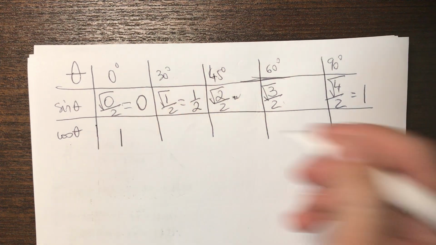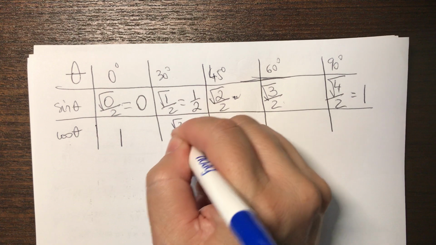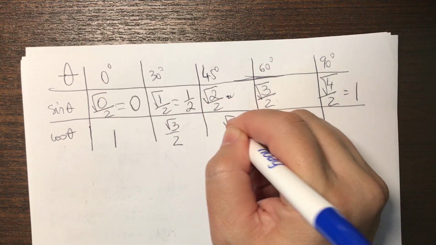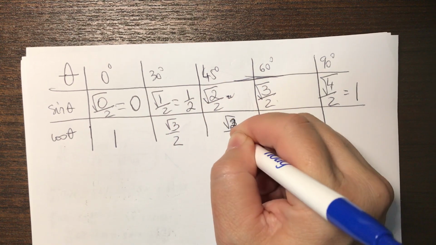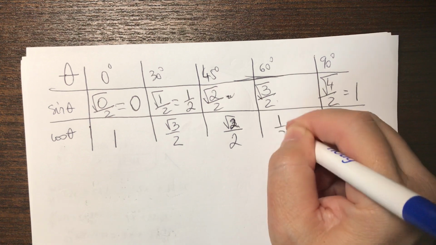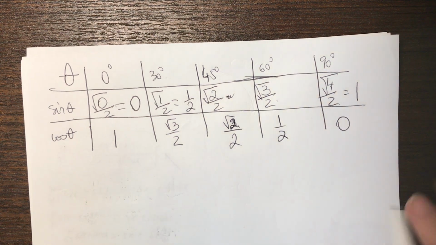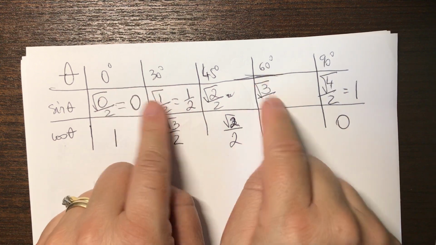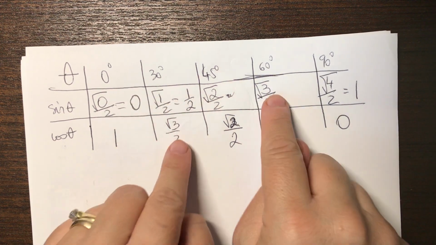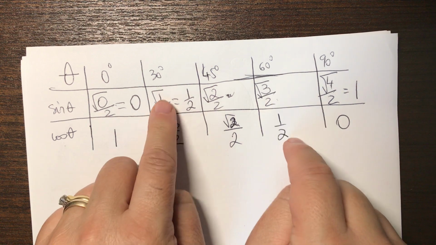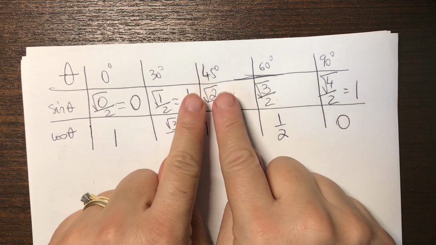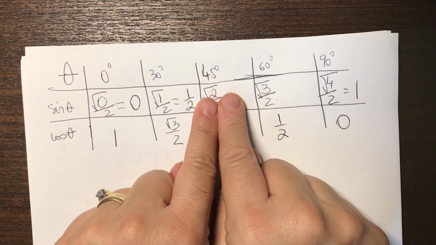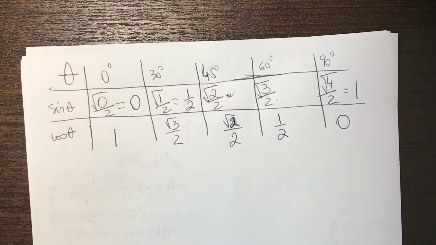So all you really do to figure out these answers is reverse the whole table of values we just made. Okay, so these are complementary angles. 30 and 60 are complementary angles, right? And again, if you look back on the previous page, you will find exactly those values. And 45 and 45 are complementary angles to each other.